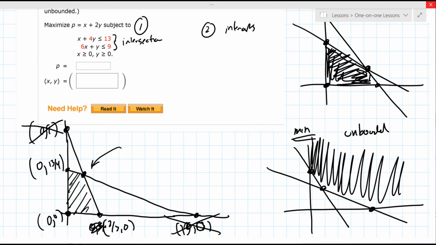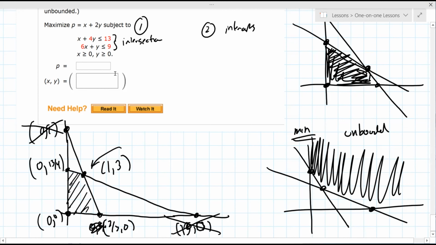So this point right here ends up being 1 comma 3. Okay, so if you're graphing it, you're definitely going to want to get comfortable doing that.